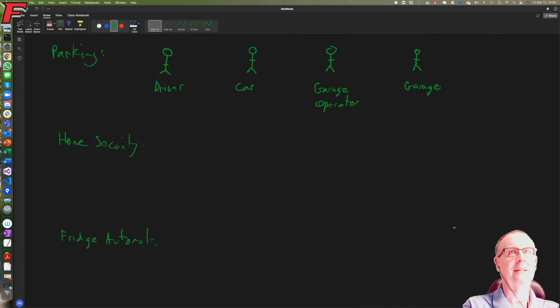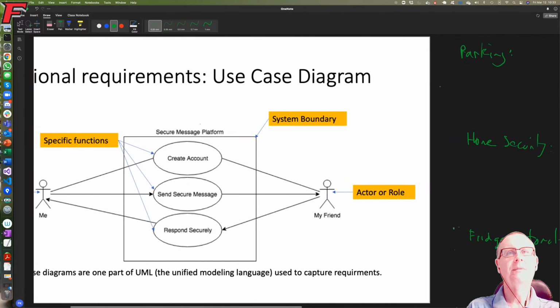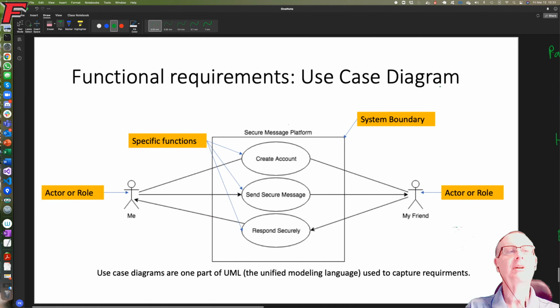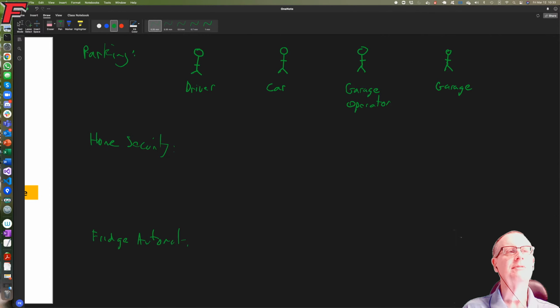So even though I've drawn my very simple use case diagram, all of a sudden now we've got 4 actors, and there might be more. Depends on what you're trying to achieve.